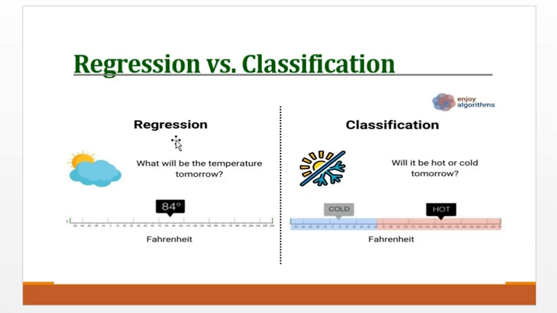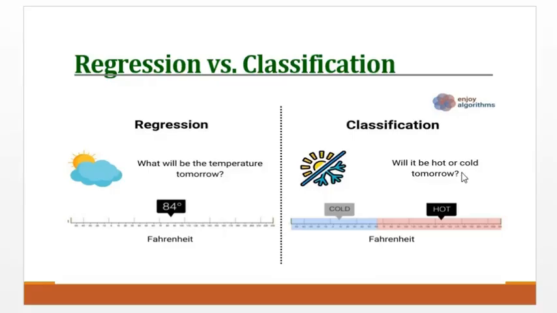Now here, regression versus classification, both are two different types. Now classification is used to basically predict a discrete category, and regression is basically determining continuous values.